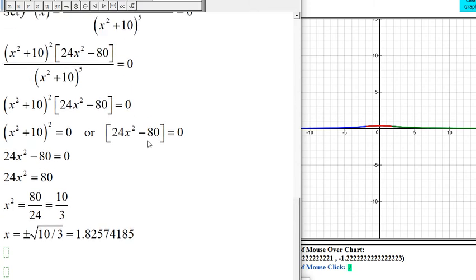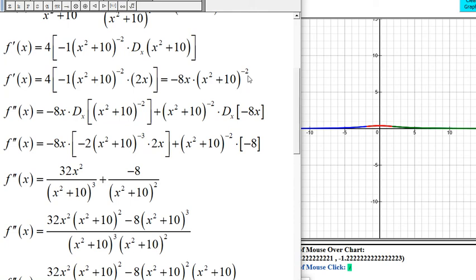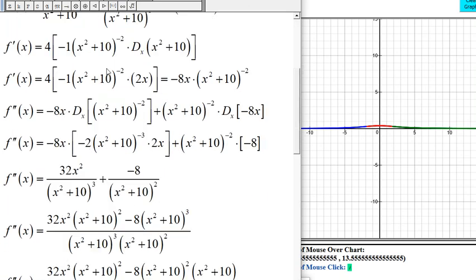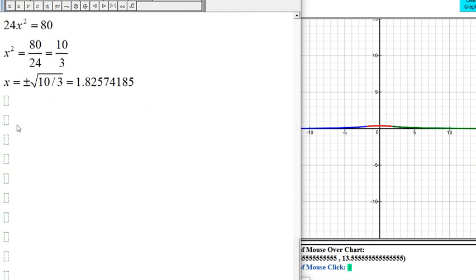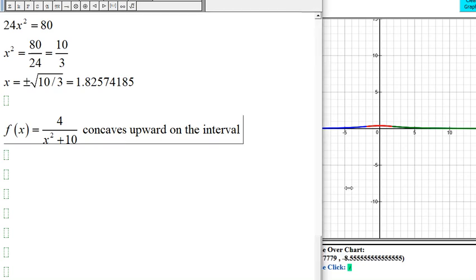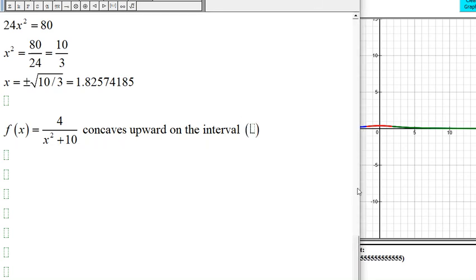And so that tells us that the original function right here is concave upward on the interval from the left side, which is negative infinity, to negative square root of 10 over 3.